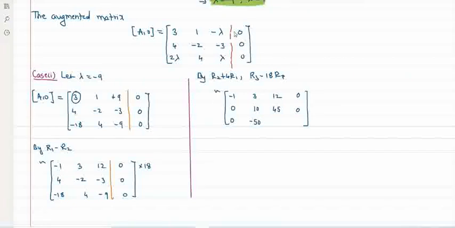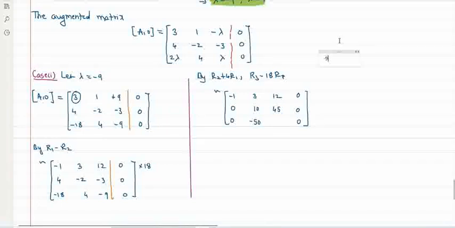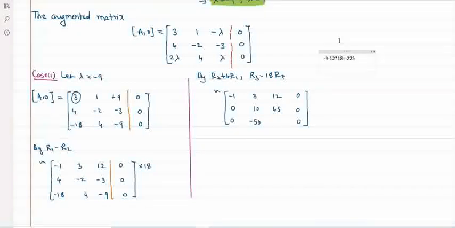Next one, minus 63. Minus 9 minus 12 into 18, it's minus 225, na? It's minus 225. Yes. Now the next one.